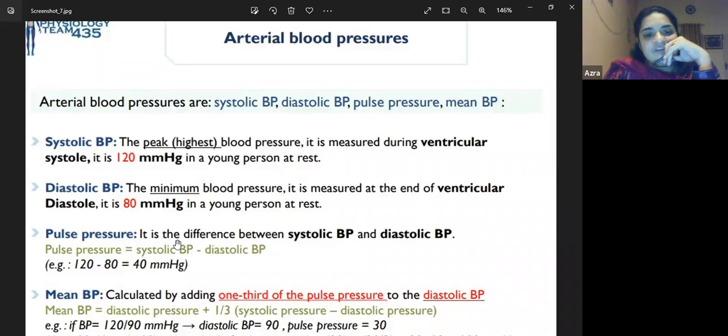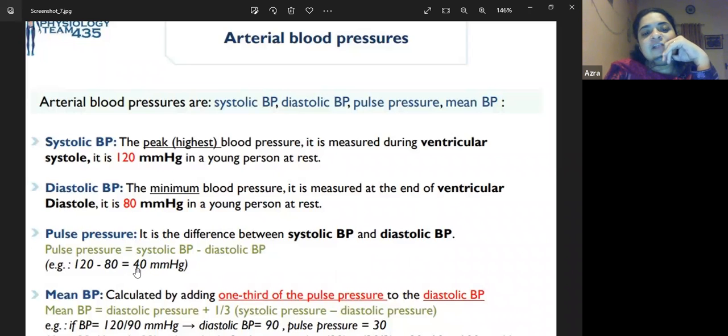Now pulse pressure. What is the pulse pressure? It is the difference between systolic BP and diastolic BP. Pulse pressure is equal to systolic BP minus diastolic BP. For example, 120 by 80: 120 minus 80 is equal to 40.